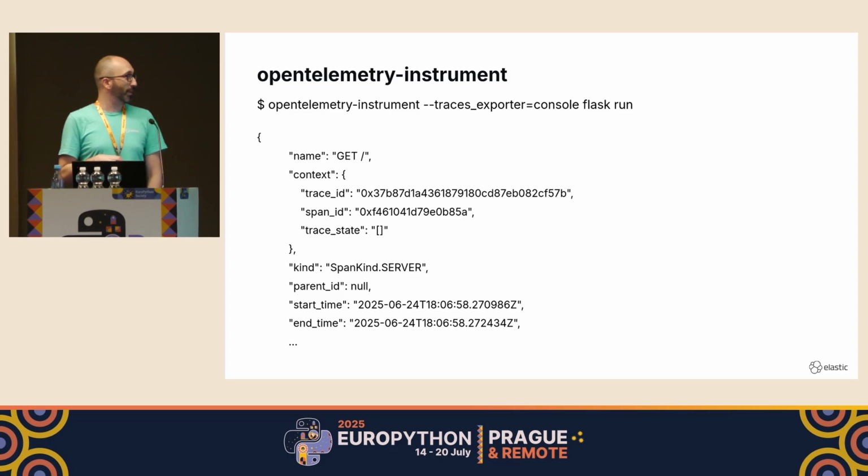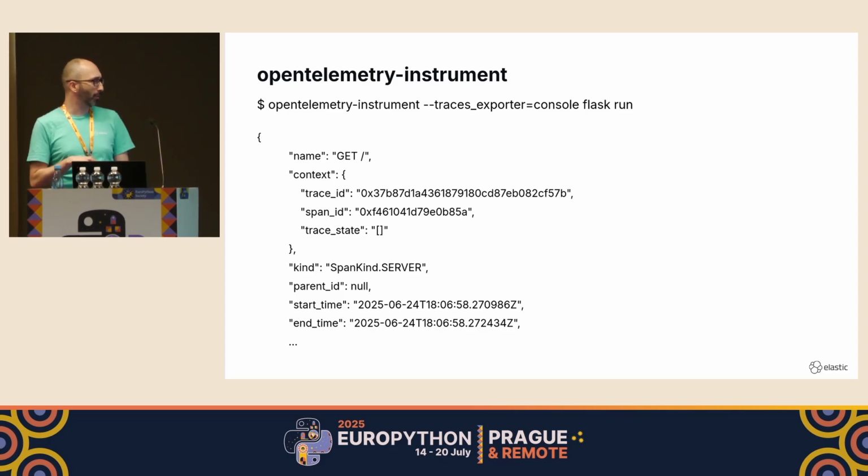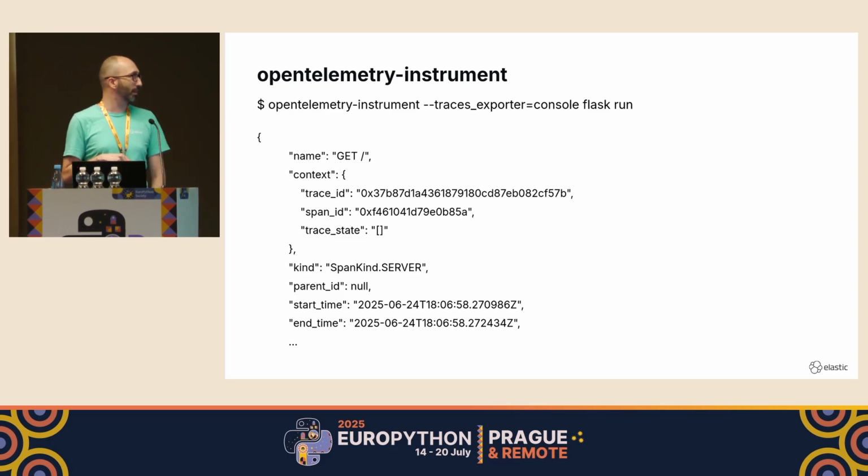So an example of a trace, we won't go into details, but you can see that we are tracing, of course, on a browser, I'm just calling an endpoint of this application. And so this is a trace generated by the Flask run server.